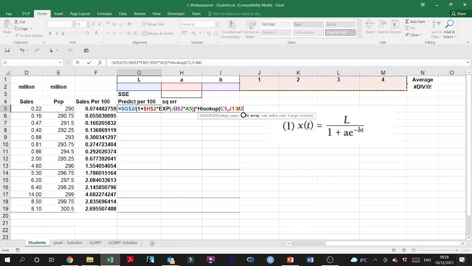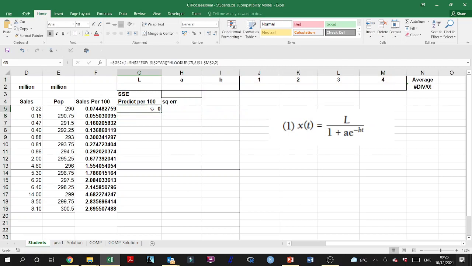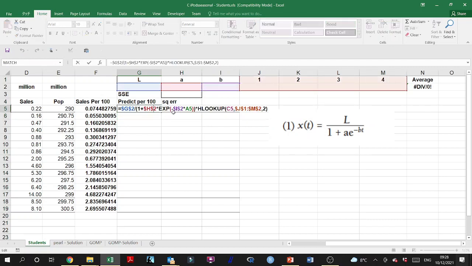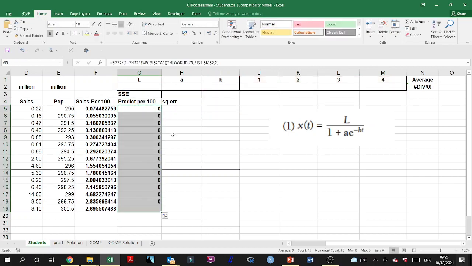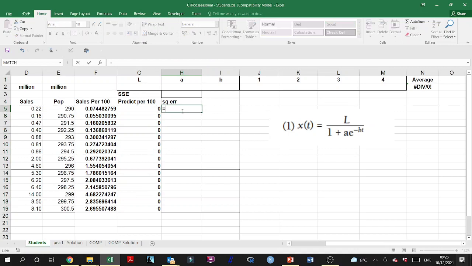please forget about the average. Now, for this range, let's freeze this range, give me the value that corresponds to this C5, which is the quarter 4, in row 2. Okay, and this is it. Now we are ready to rock and roll. Make sure that the values are fixed. And now you just need to find the squared error.